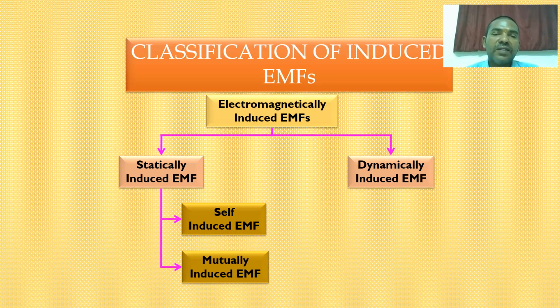Once current is flowing in the coil, according to the thumb rule, a magnetic flux is generated around the coil. With the coil having certain turns, the induced EMF can be calculated from the number of turns and the rate of change of flux.